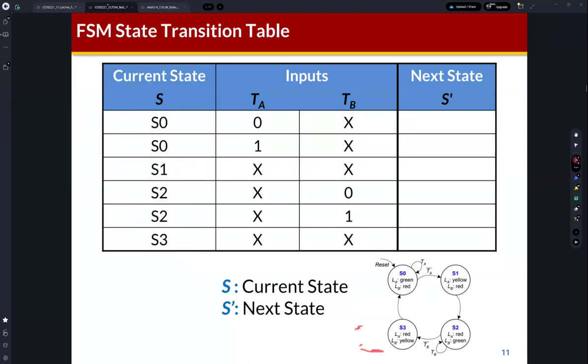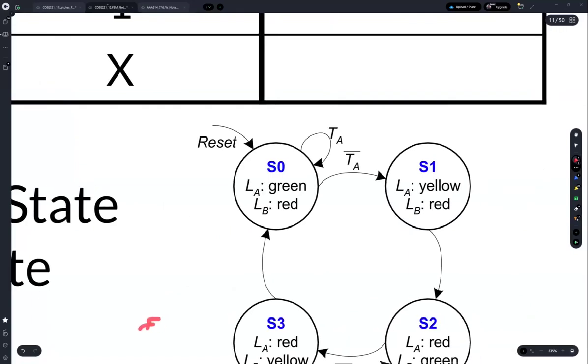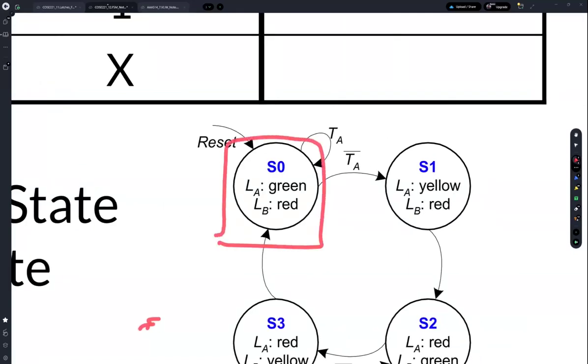So let's see this S0. If the current state is S0, then there can be two possible input cases, right? So you can find the two arcs from this S0, this arc and this arc, right? Based on the input TA and TA bar.